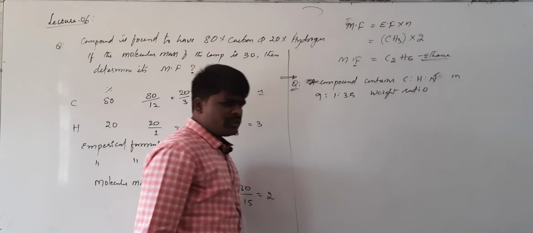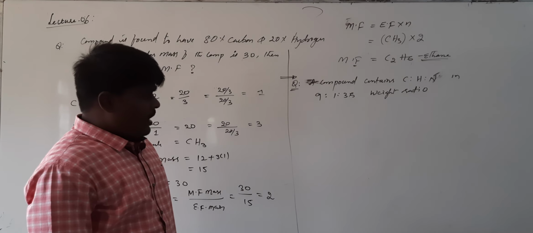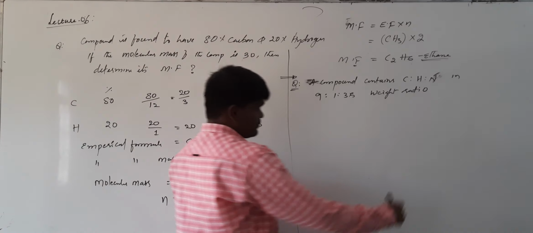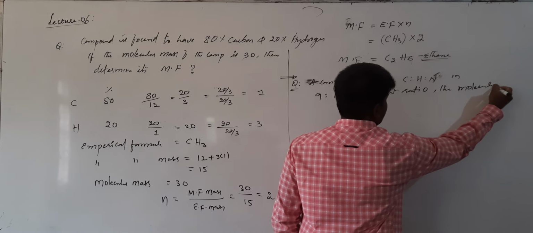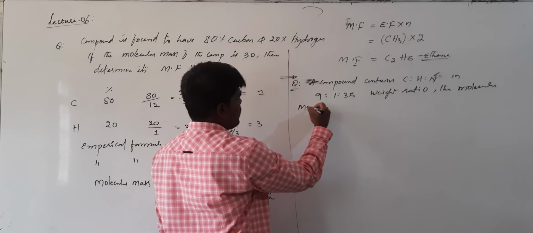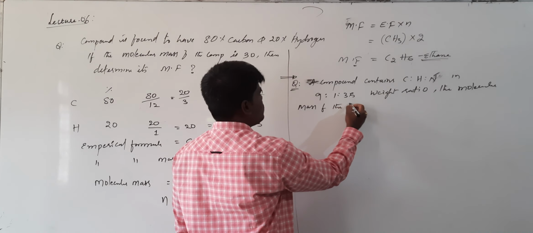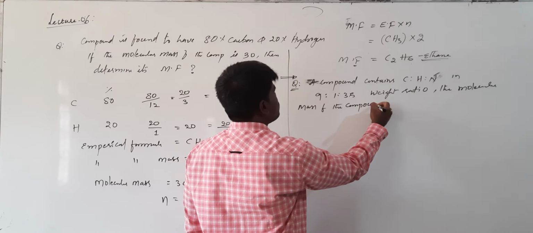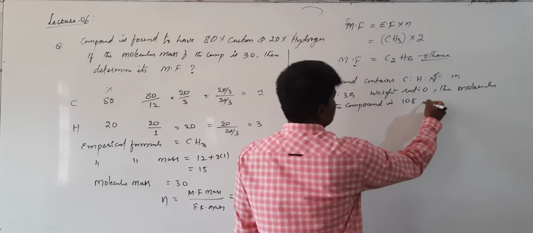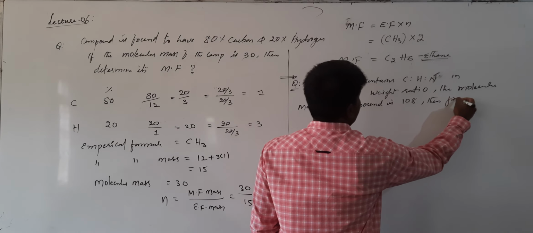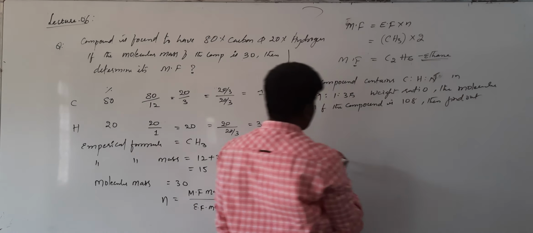He has given the weight ratio of carbon, hydrogen and nitrogen. The molecular mass of the compound is 108. Then find out its molecular formula.